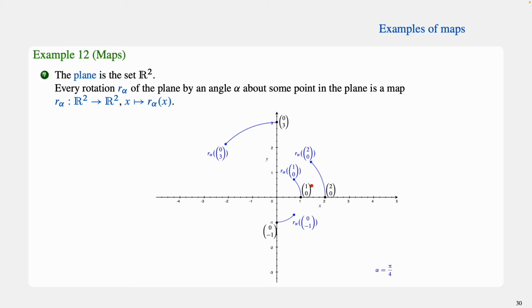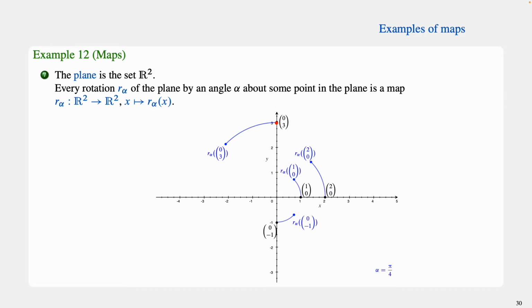The point with coordinates (1, 0), so you go one step along the x-axis, zero steps up the y-axis, gets rotated by 45 degrees about the origin, so it gets mapped to this point here. And similarly, if we go a step further, the point with coordinates (2, 0) also gets rotated about the origin by 45 degrees, so it gets rotated to this point here.